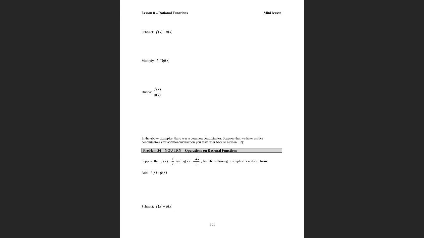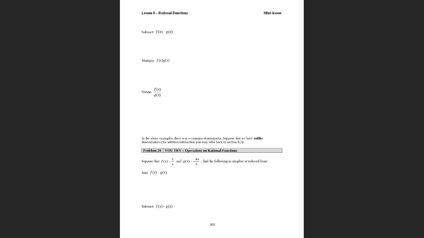So negative 4x times x gives you negative 4x squared over 5x. So I have the same denominators, 5x, 5x. So I'm adding, so I only add the numerators. So I have 5 minus 4x squared over 5x, like that. Okay? Because I'm adding. And positive times negative is still negative, so it doesn't matter.